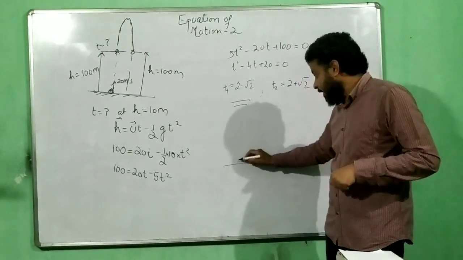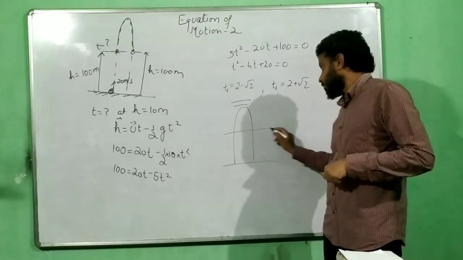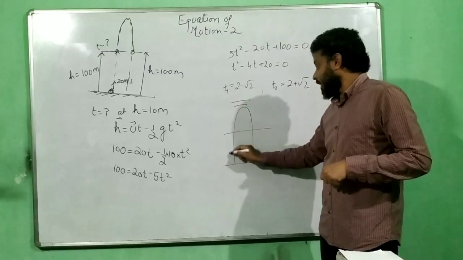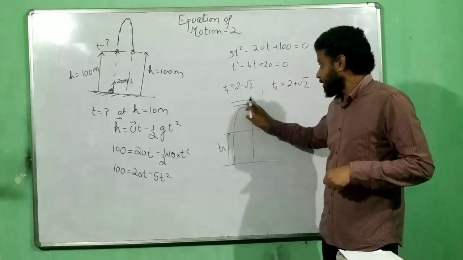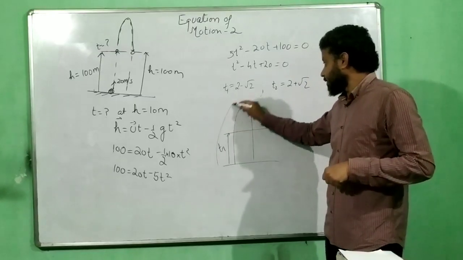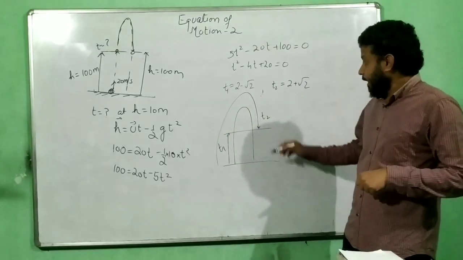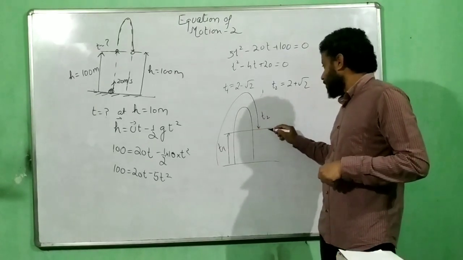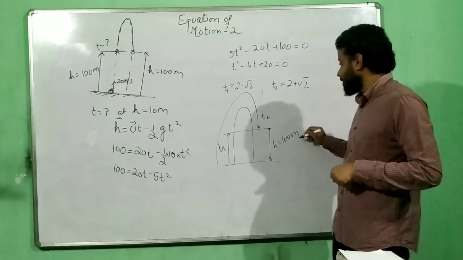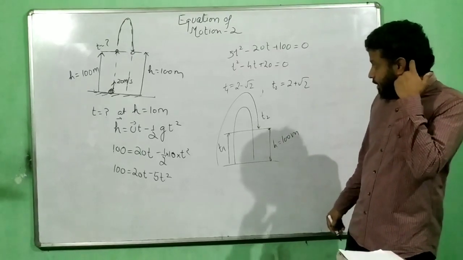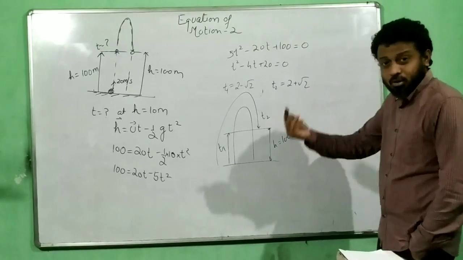If I draw this diagram, this is time t1, when it is going up, and this is time t2, and in both cases it attains a displacement or height of 100 meter. From here I can get many more things, and two of them are very important.